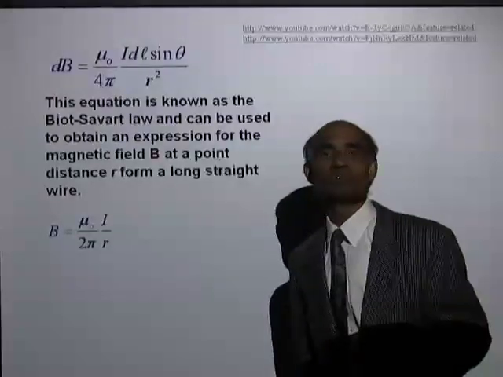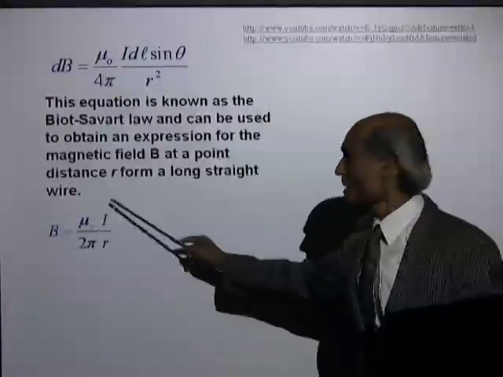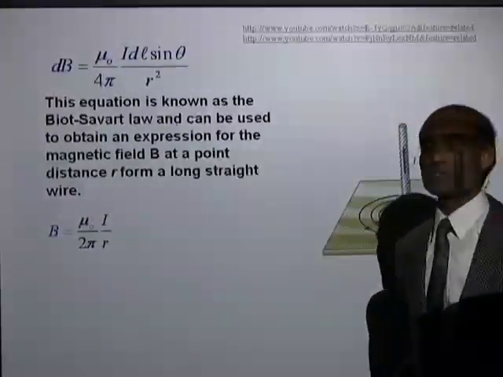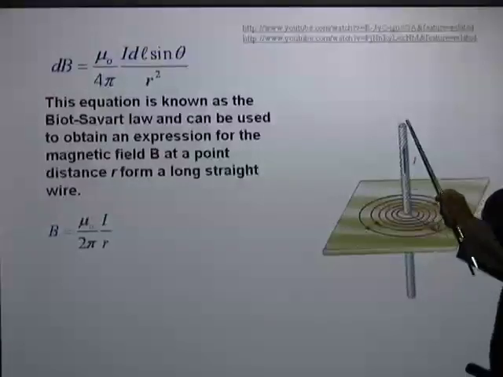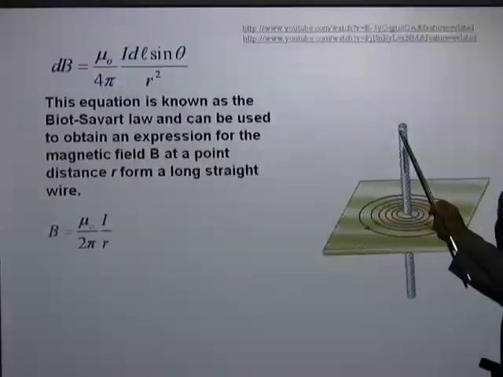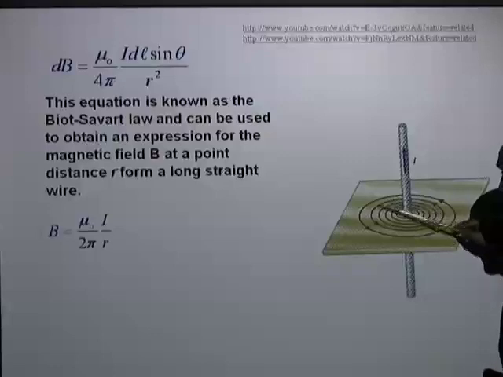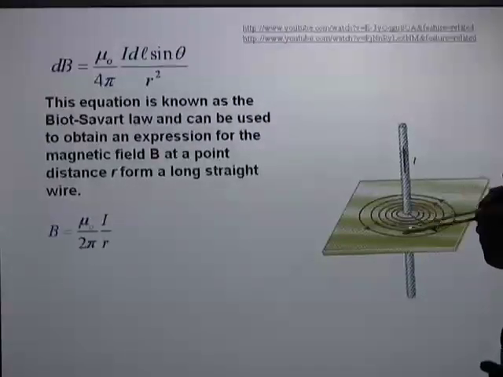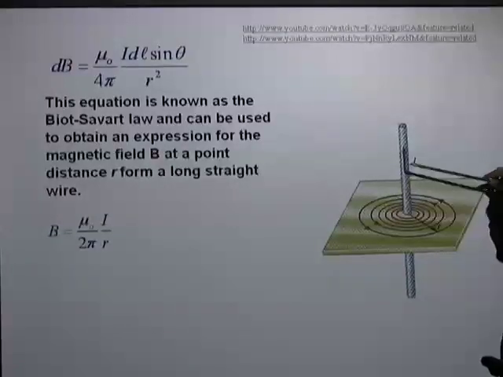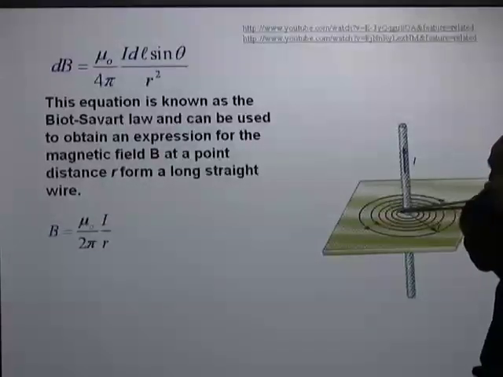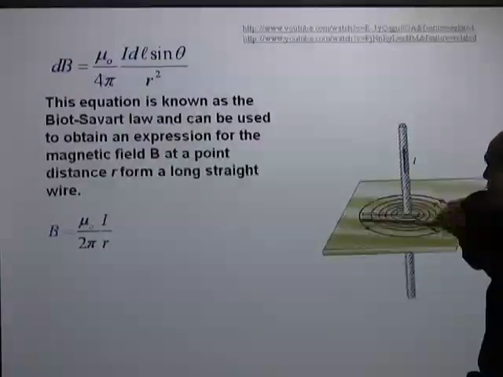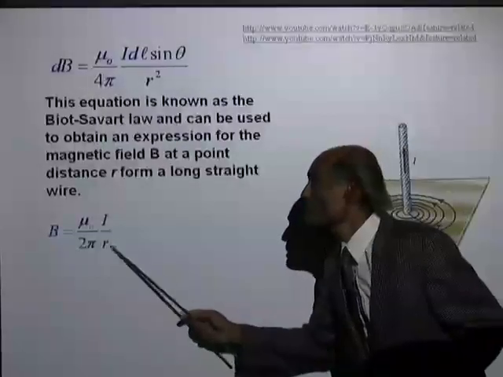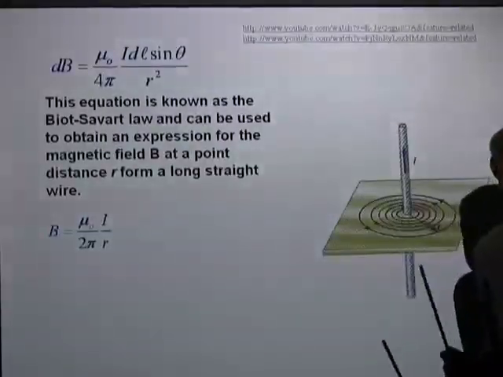I'm not going to give you the derivations of this. I'm going to give you simply those expressions. So you have a conductor that carries a current I, and if you take any plane, there is a magnetic field in that plane. And if you choose a point distance r from the conductor, this will be the amount of magnetic field at that point.